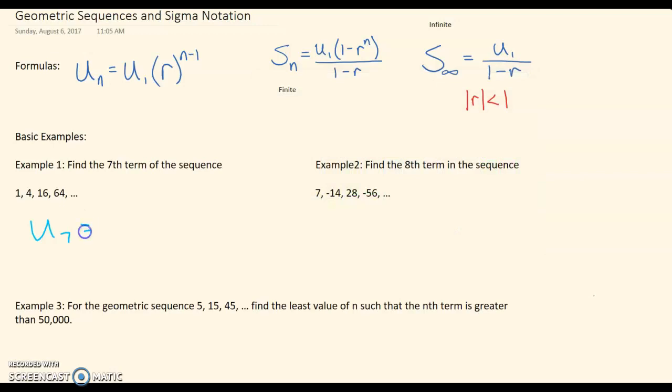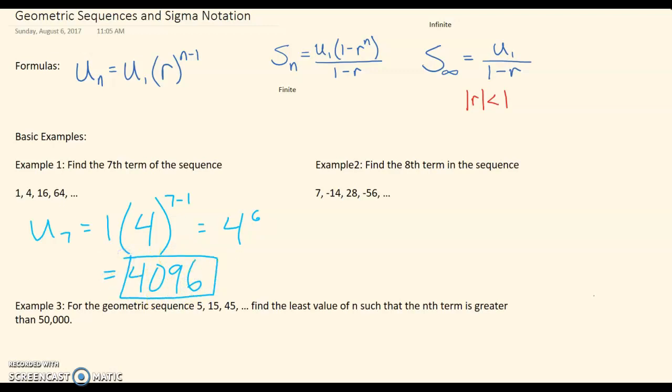So u sub 7 is equal to the first term, which on this one is 1, times r, 4, to the 7 minus 1, which is just 4 to the 6th, or 2 to the 12th, which I believe is 4,096. Let me just double check 2 to the 12th. Yeah, okay.